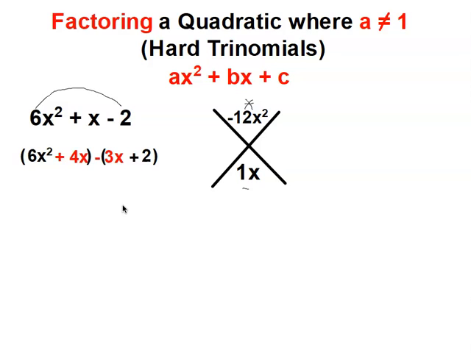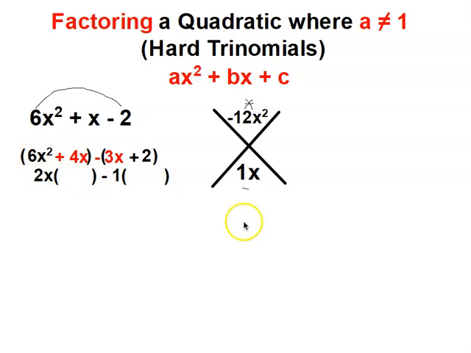It's time to group. Take out your GCF. So between 6x squared and 4x, I see x's in both, and I know 6 and 4 are both divisible by 2. So I'm going to create a parenthesis where I take out a 2x and see what's left.